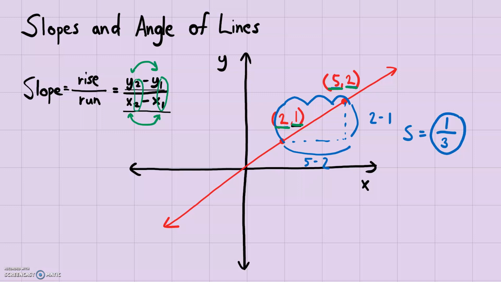I don't know how to put this in words, but basically if you've subtracted this value from this value, then you have to subtract the corresponding x value from this value. You can't do y2 minus y1 and then suddenly do x1 minus x2 in the denominator. Okay, so that's the slope.